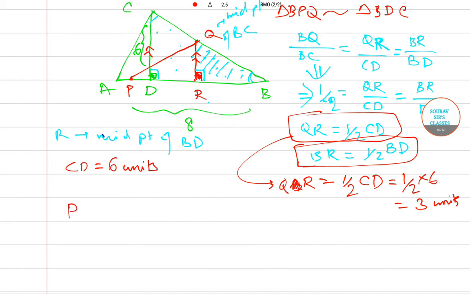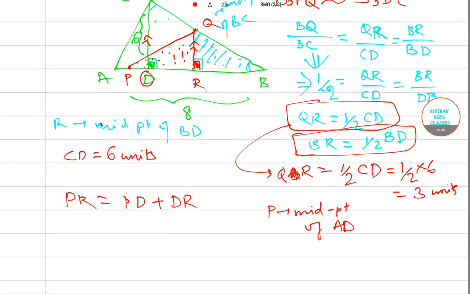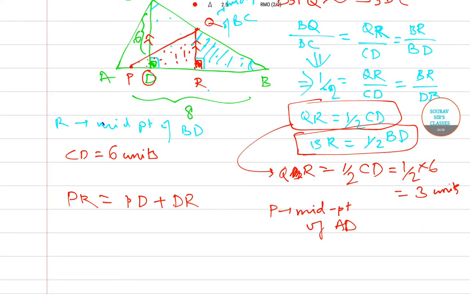Now PR, this is the triangle we are talking about. So PR equals PD plus DR, as you can see from the diagram. We know that P is the midpoint of AD, because we have been told in the question to construct the midpoint of AD.